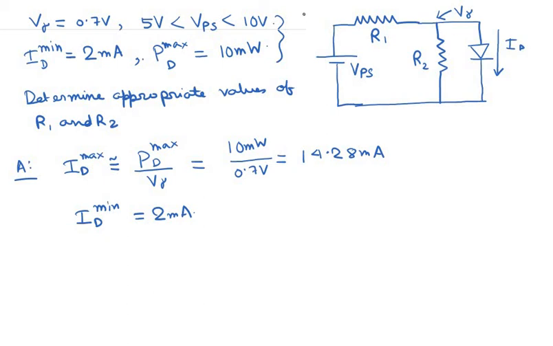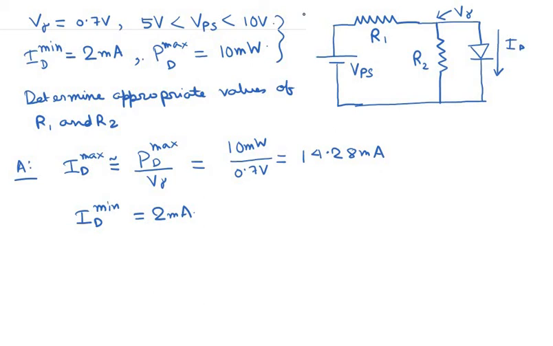Now you are asked to find out appropriate values of R1 and R2 such that a minimum current of 2 milliampere always flows through the diode. So the diode requires a minimum current of 2 milliamperes, but the current can be greater than that, and the maximum current that is allowed to flow through the diode is 14.28 milliamperes.